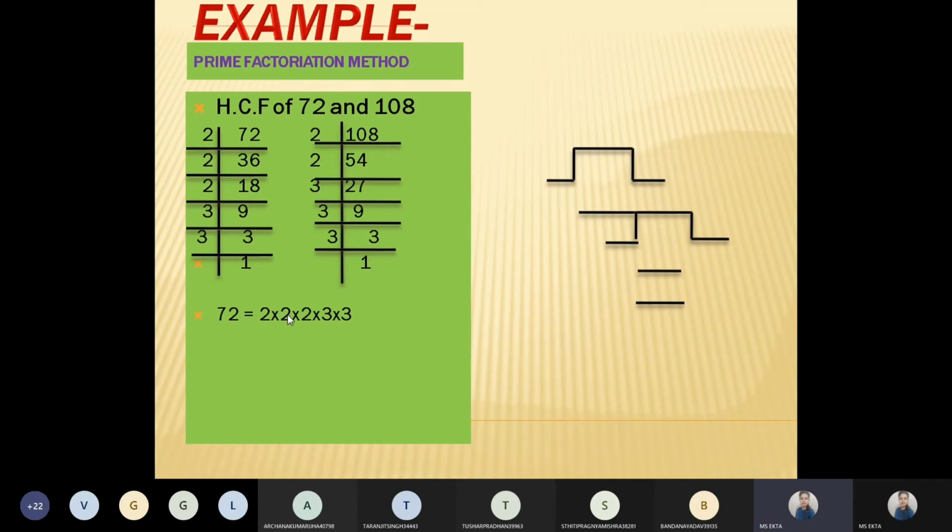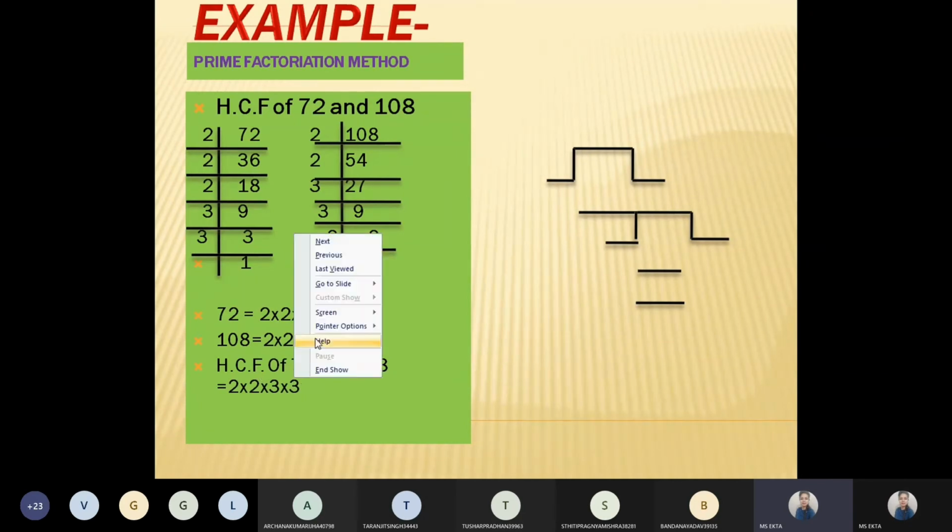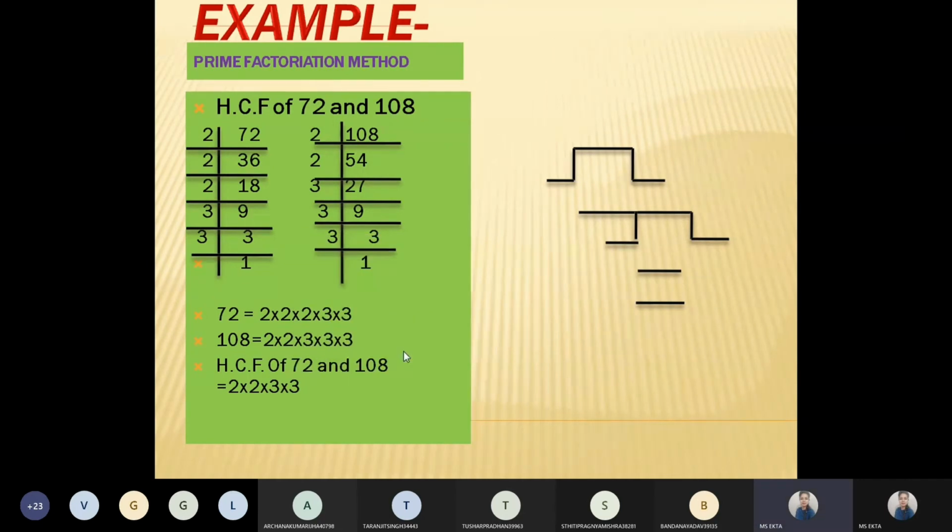72 will be written as 2 into 2 into 2 into 3 into 3. And 108 will be written as 2 into 2 into 3 into 3 into 3. So, how will we write the HCF of 72 and 108? We can circle the common factors. 2 is a common factor, then again 2 is a common factor, and this 3 is a common factor, and this 3 is a common factor.